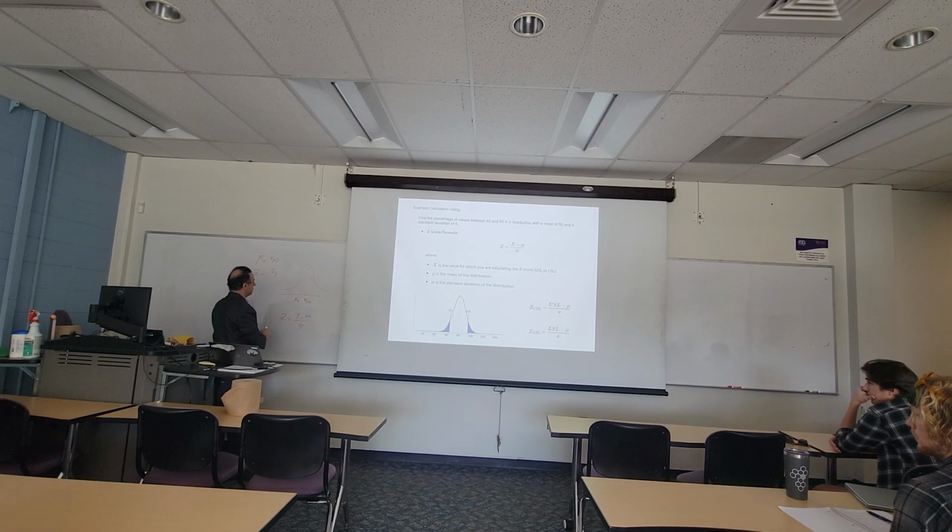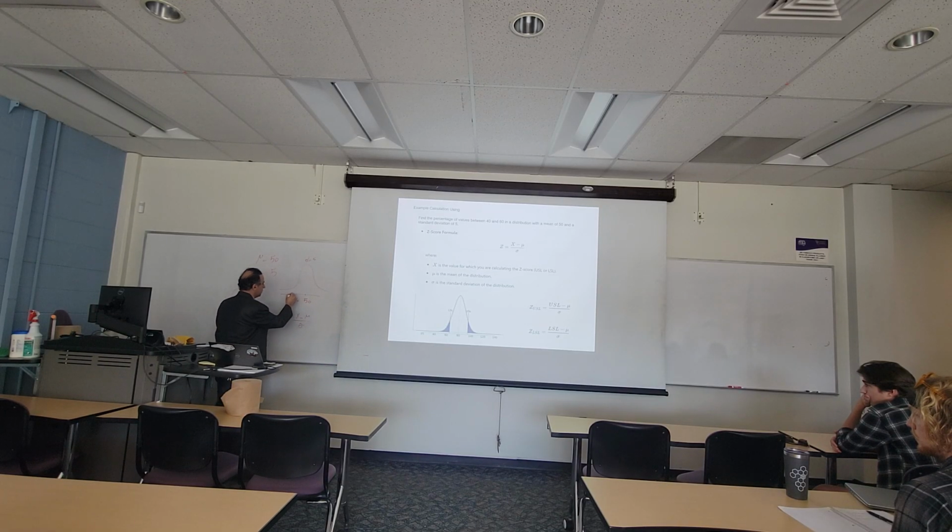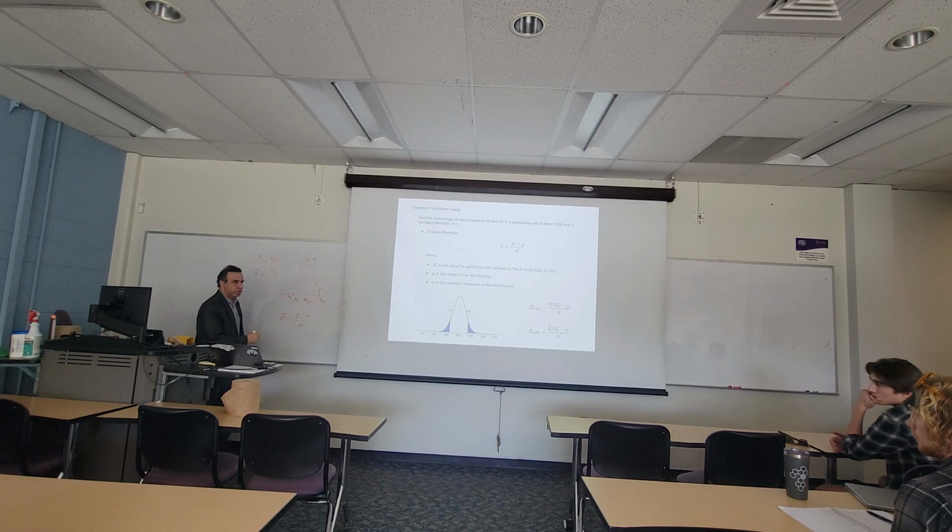Sigma is 5, the standard deviation. Now we want to find the percentage between 40 and 60. It means 40 here, and this is 50. Where are we interested?